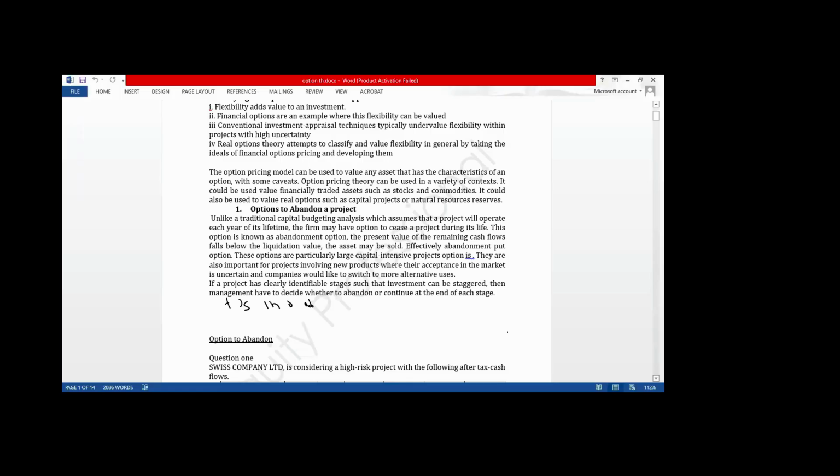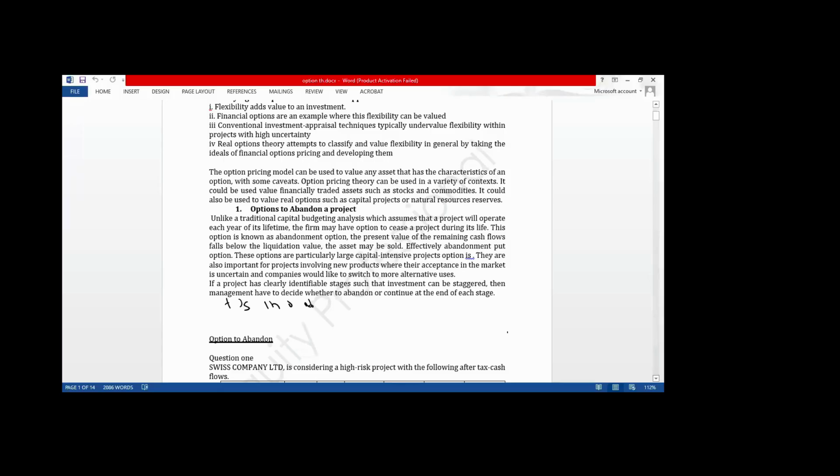That implies that project expectations are not met. Now the question is, should the company continue with the project, or should the company abandon the project and sell the project?